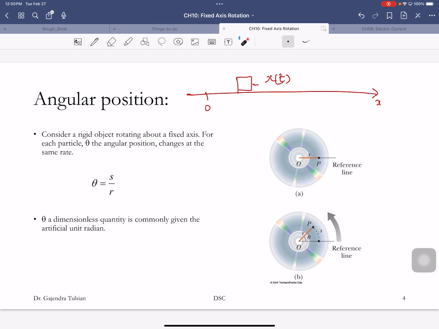But we give it an artificial name, radians. One radian is when the arc length is r, and 1 radian corresponds to roughly 57 degrees. So theta is a dimensionless quantity and is given the artificial unit radians.